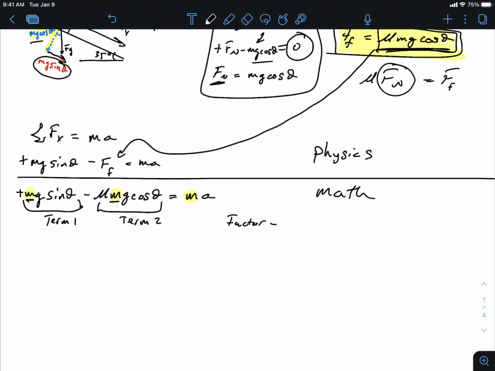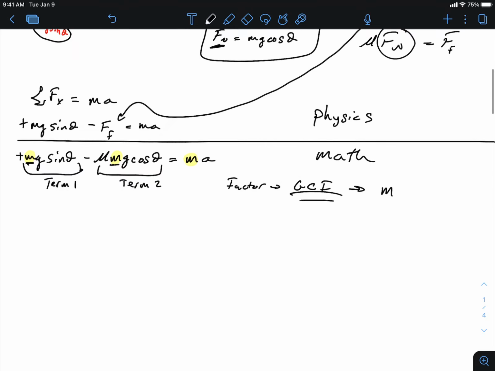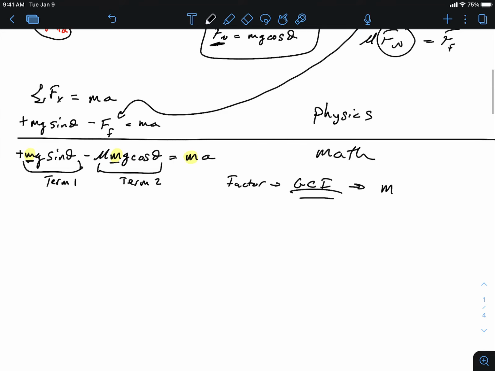What kind of factor? We would call that the greatest common factor, and in this instance, the greatest common factor is going to be the m. So I can remove that m value from those 2 pieces, term 1, term 2, and what do you get? You get this. g sine theta minus mu g cos theta.